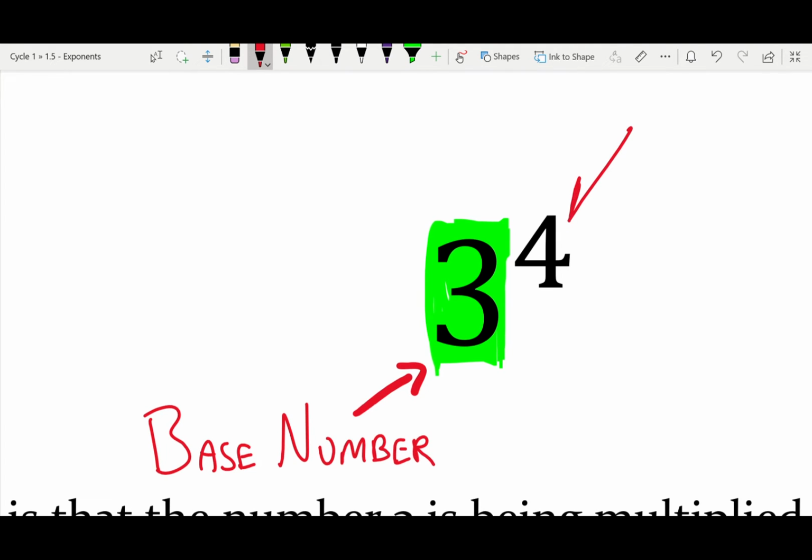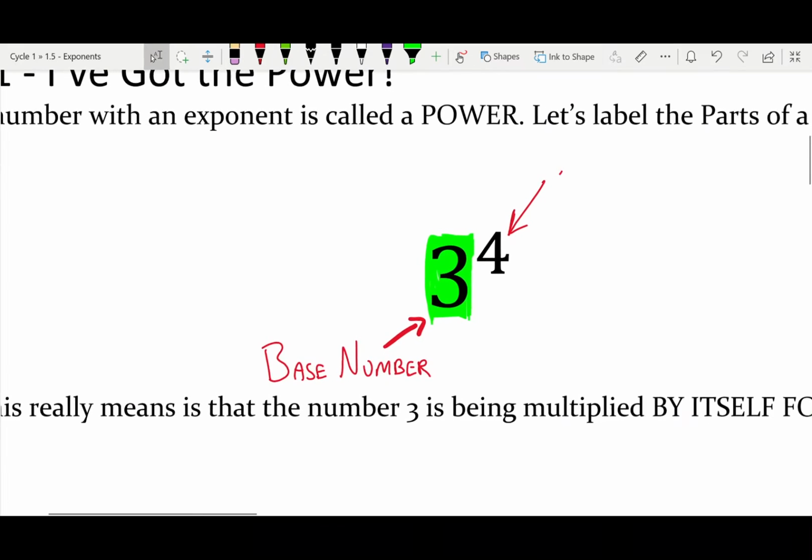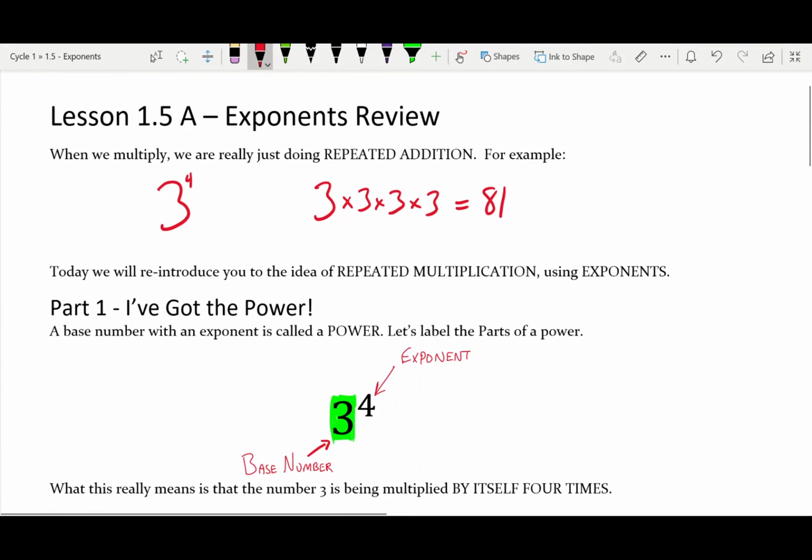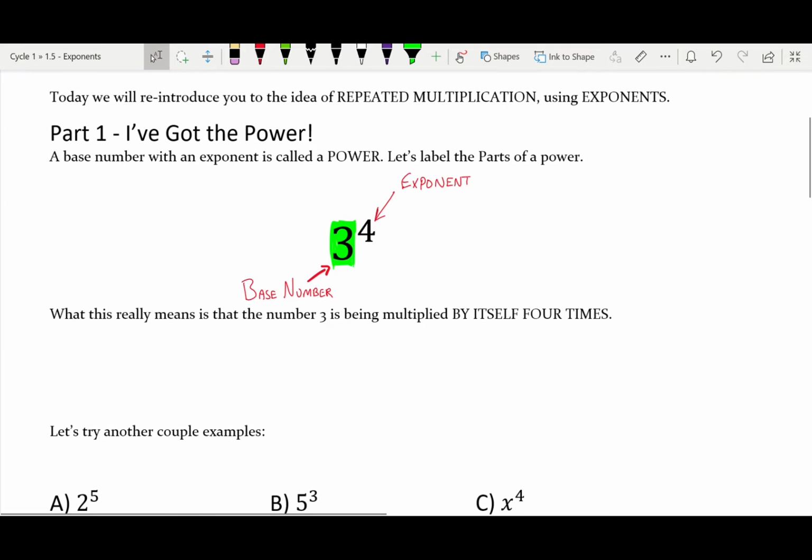And this little number, that's the exponent. All that's doing is telling you how many times it's being multiplied by itself. So 3 to the power 4 is just 3 being multiplied by itself 4 times, which I did in the example up there. So 3 times 3 times 3 times 3, and we get 81.